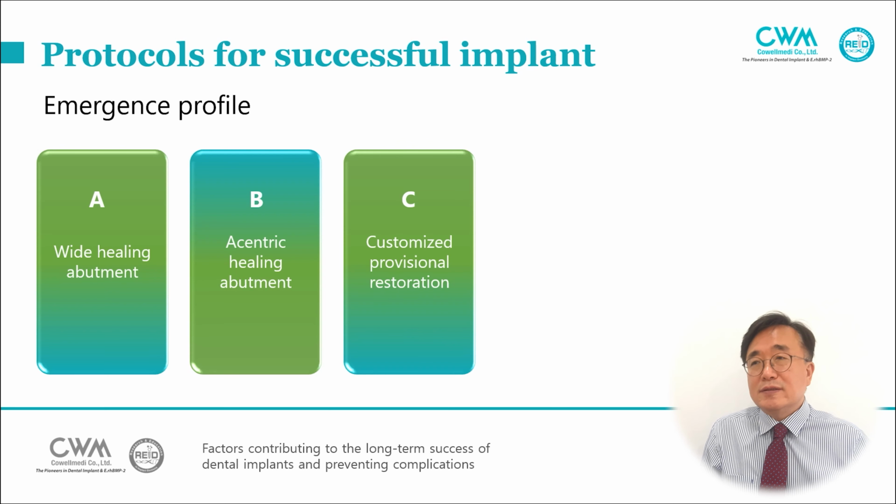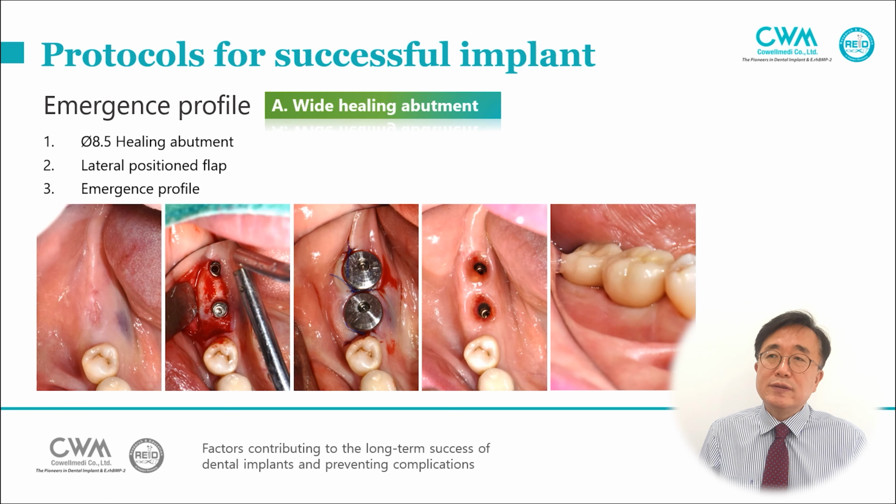A is the first wide healing abutment, and second a centric healing abutment, and third customized provisional restoration is essential protocol. This emergence wide healing abutment means diameter 6.5 and 8 healing abutment.